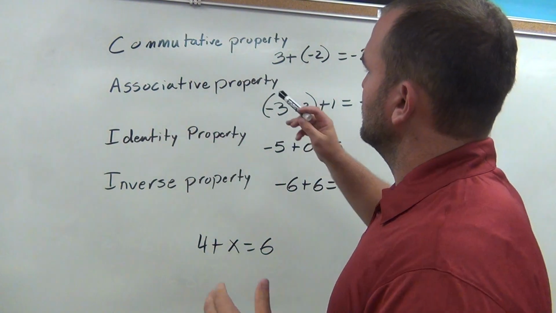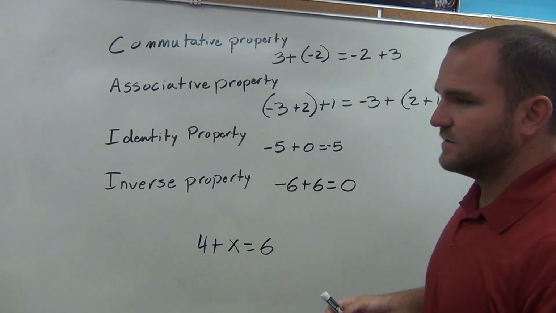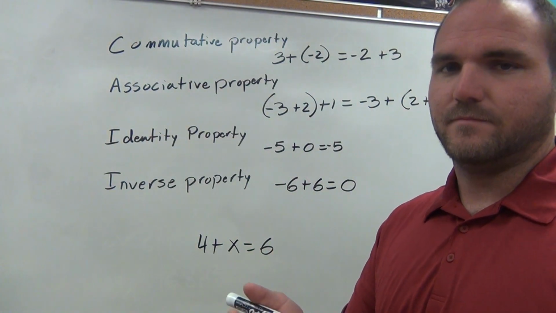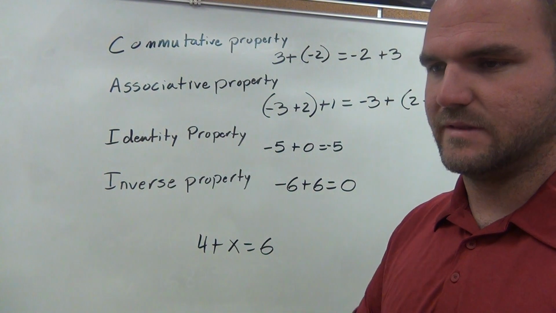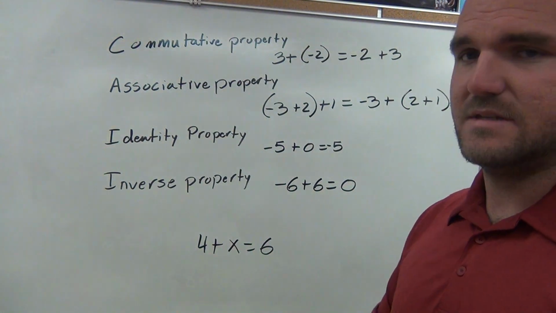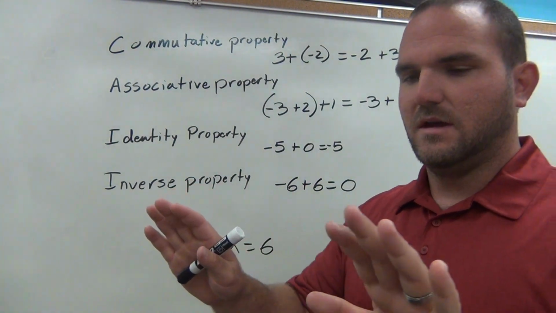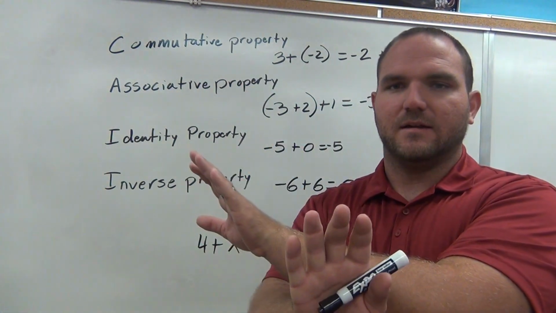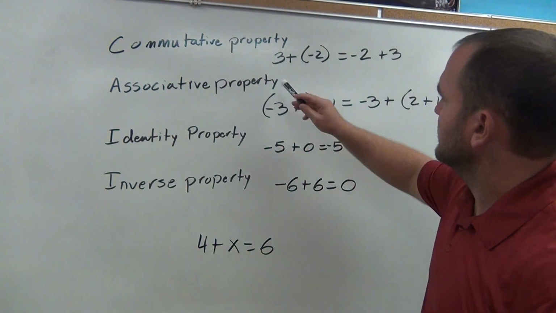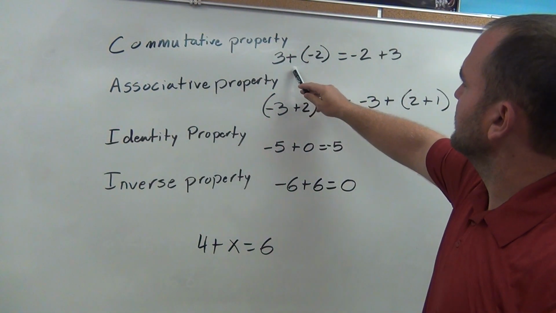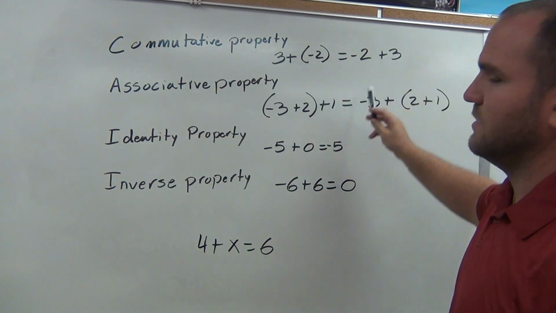So commutative property, okay? Commutative property basically means no matter the order, if you don't have things like variables, if you're just adding two numbers together, putting this one on this side and adding it together won't change anything. As our example shows here, 3 plus negative 2 is the same thing as negative 2 plus 3.